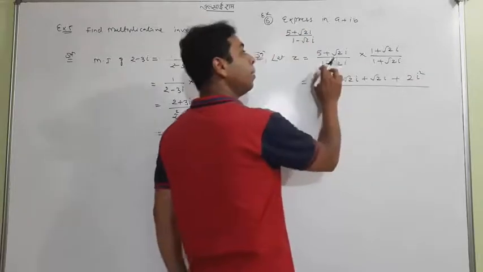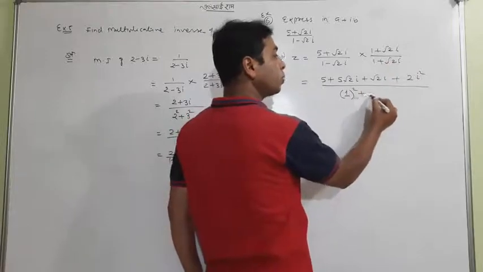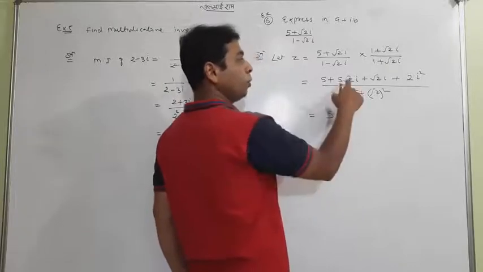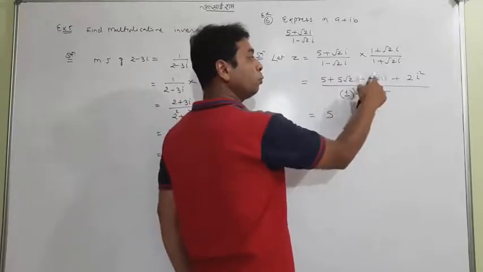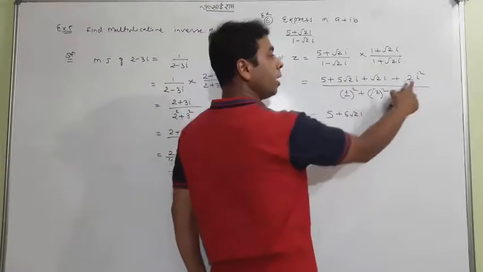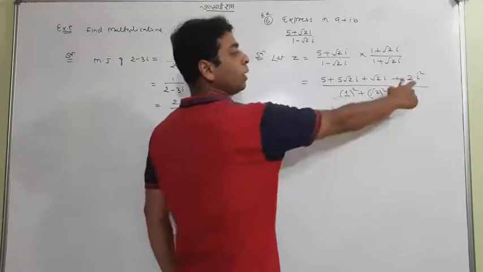Upon, the denominator, a minus ib and a plus ib is again a square plus b square. What about the upside? 5 root 2 i plus root 2 i is 6 root 2 i. And this is i square, meaning minus 1, so the whole is minus 2. You know i square is minus 1.